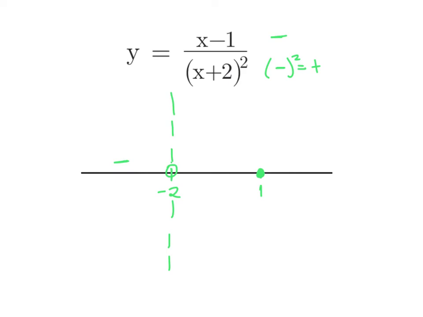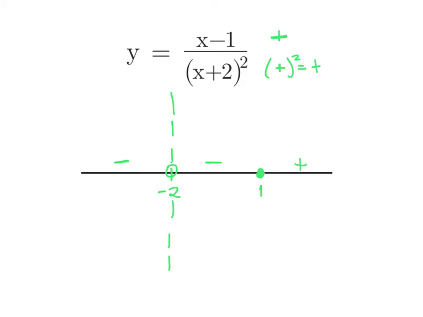As we pick a number in between -2 and 1, like 0, 0 minus 1 is negative, 0 plus 2 is now positive, but squared is positive. So that entire fraction will also be negative. Finally, we pick a number that's larger than 1, like a billion. A billion minus 1 is positive, a billion plus 2 is positive, squared is positive. So positive divided by positive is positive. And this is what our sign chart looks like.